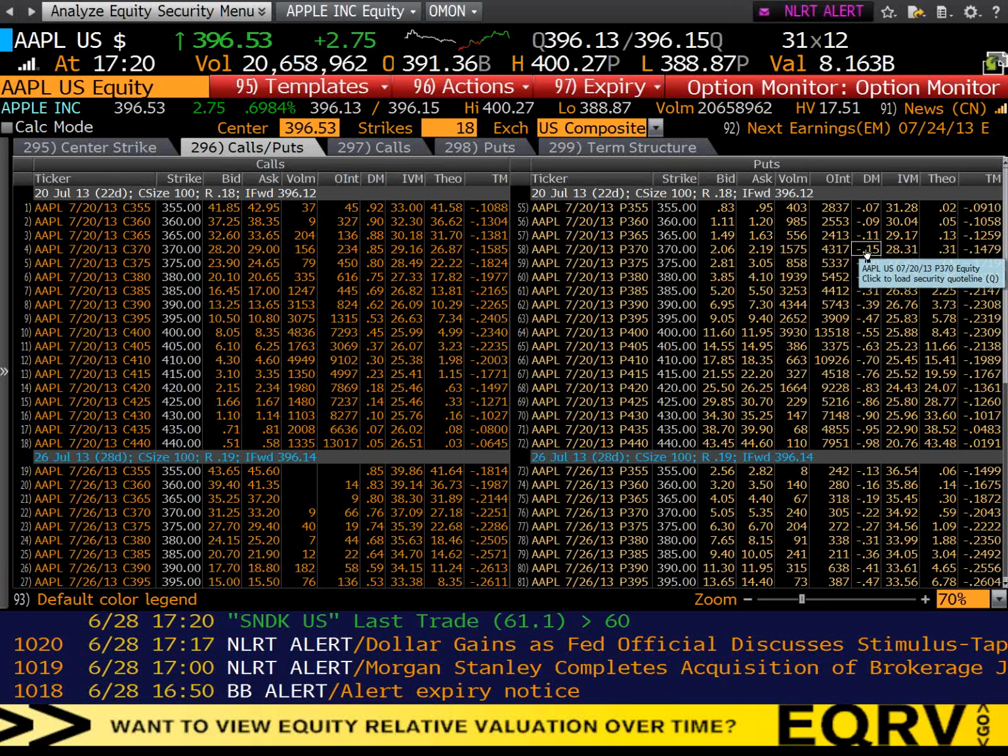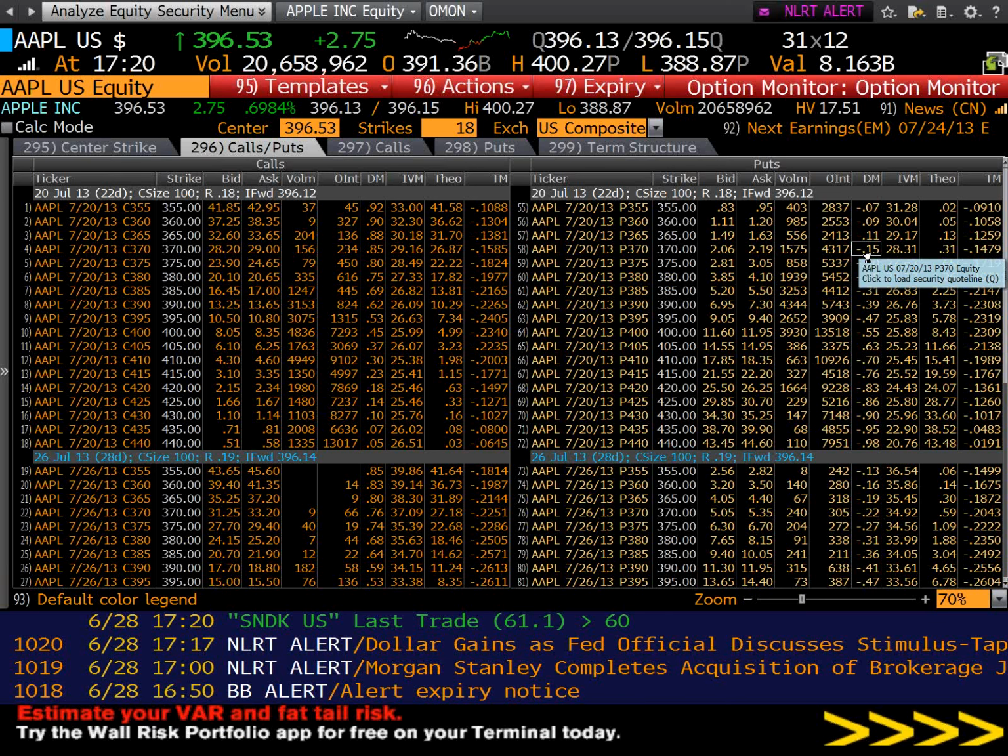So for me, selling Akamai 30 puts over and over and over again is fine because I'm perfectly content to buy the stock at 30. And when I sell these things and I look at the deltas, not only am I happy to buy it at 30, but the delta of the particular put options that I'm looking at is 20.